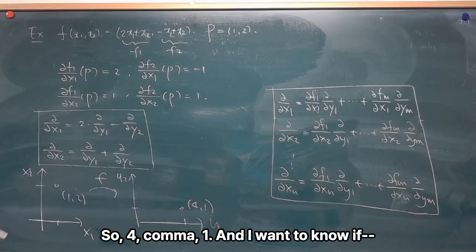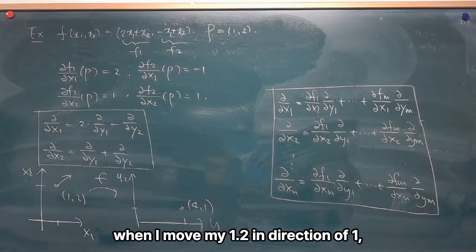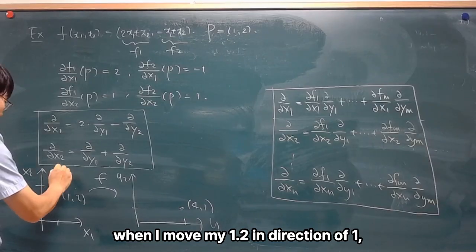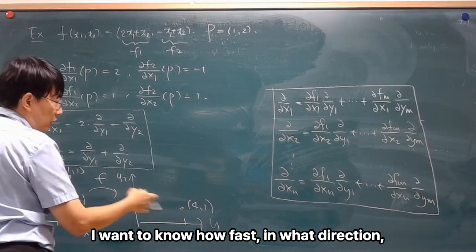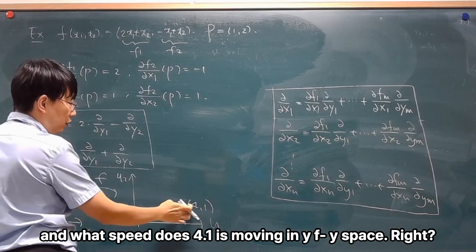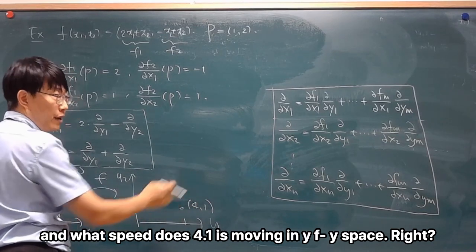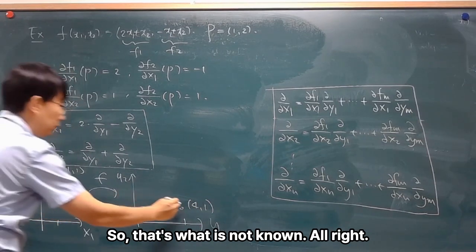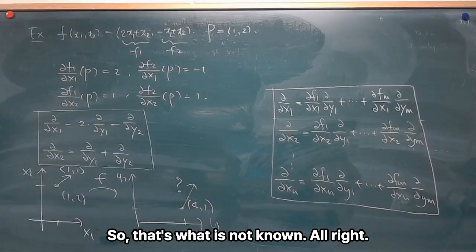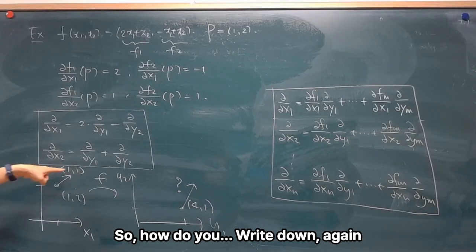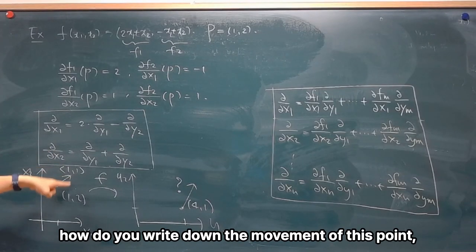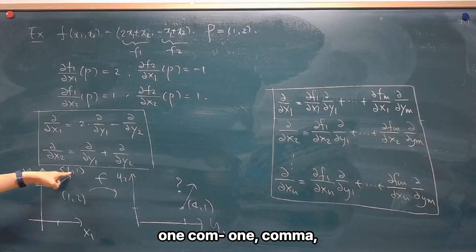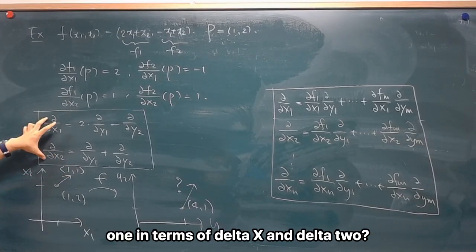And I want to know what happens when I move my (1, 2) in the direction of (1, 1). I want to know in what direction and at what speed (4, 1) is moving in y space, right? So that's what is not known. All right, so how do you write down, as an example, the movement of this point (1, 1) in terms of delta x1 and delta x2?